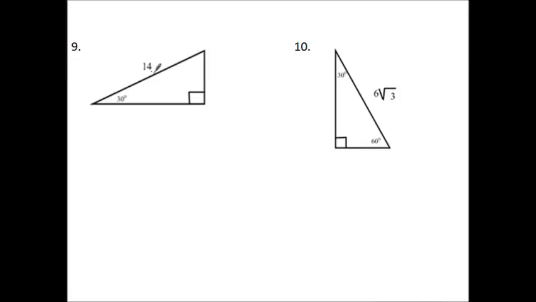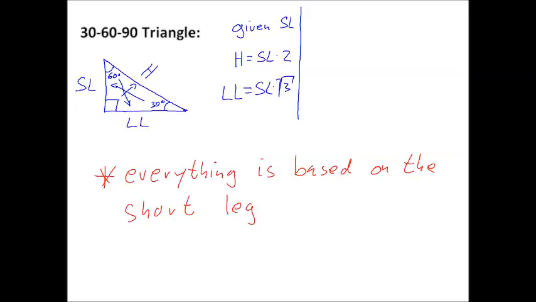In example number 9, we have been given the hypotenuse across from our right angle, right? So we need to look at our formulas and modify them accordingly so we can find the other two sides. So if we are given the hypotenuse, look at your formula: hypotenuse is equal to the short leg times 2.